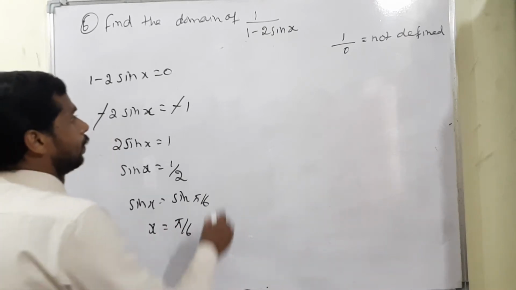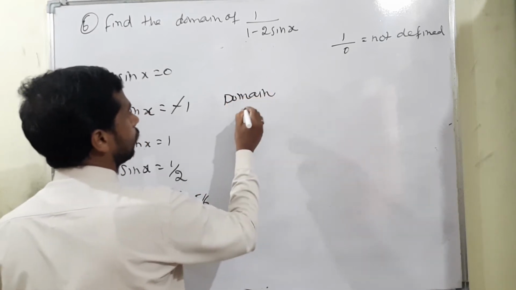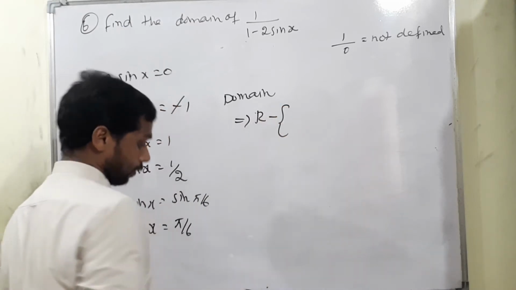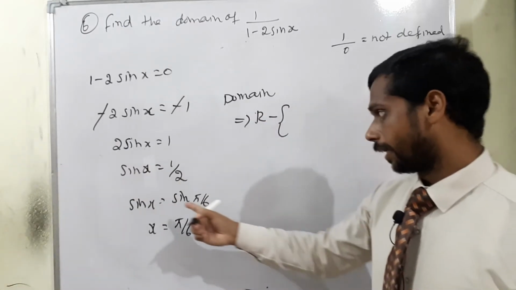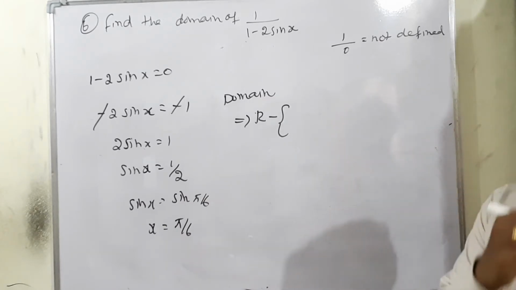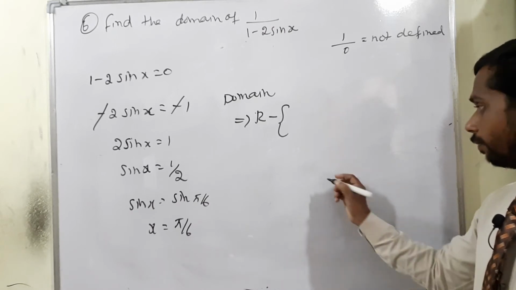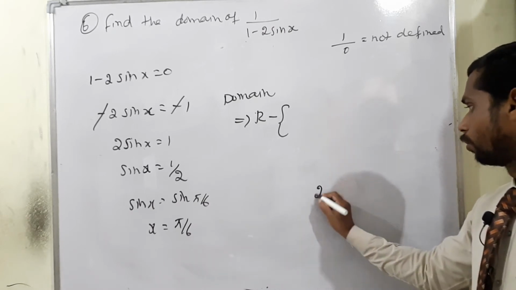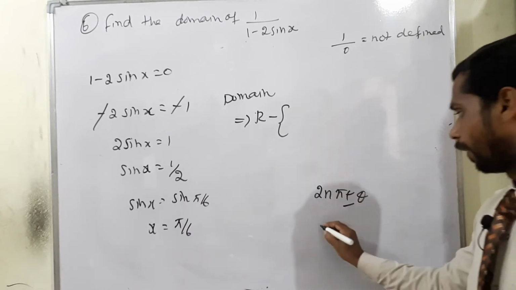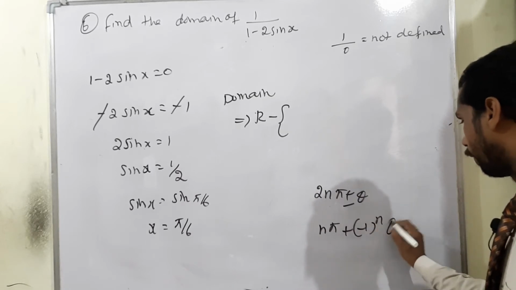Therefore, the domain is all the real values except, how to write it? Sin x is equal to sin theta, the condition we have already discussed in one question. What is the formula? x is equal to n pi plus minus 1 the whole power n into theta.